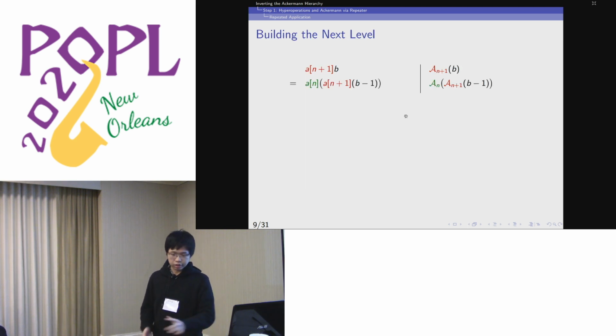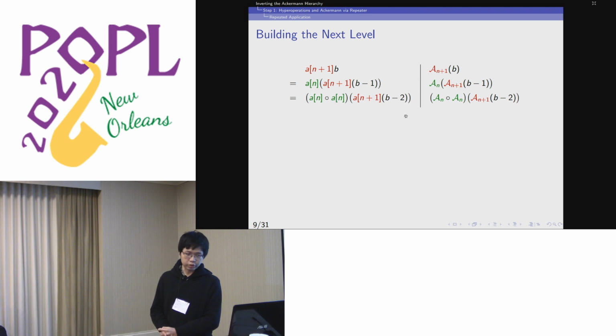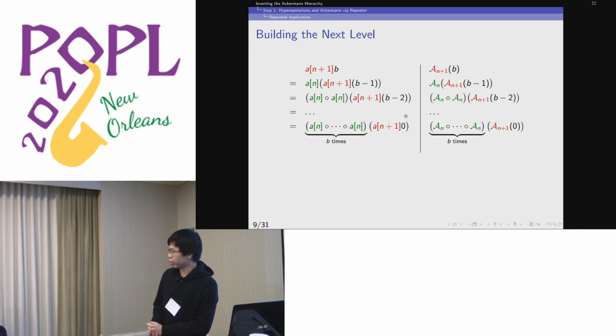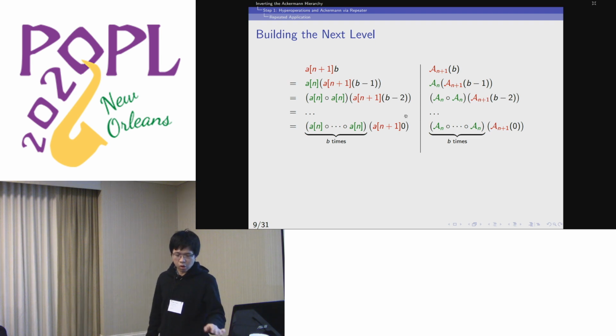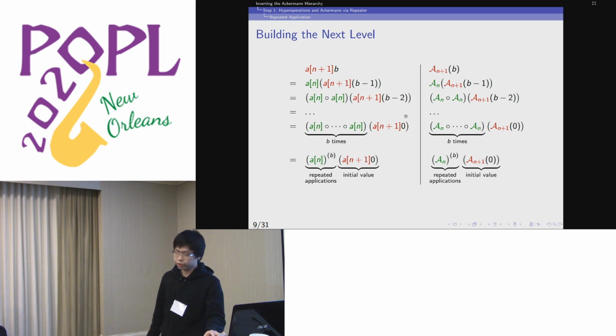If you apply the recursive rule once, you get 1 instance of the nth level outside. If you apply it twice, you get 2 instances of the nth level outside. And you can go on until you exhaust the main argument, at which point you get b instances of the nth level outside. This is what we call repeated application of a function to an initial value.